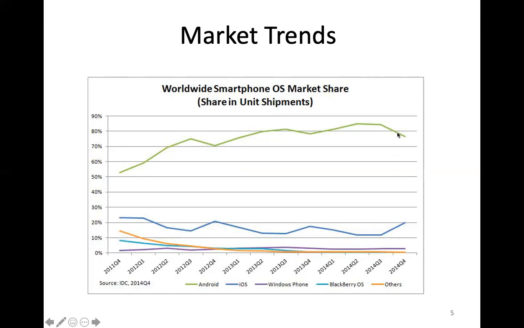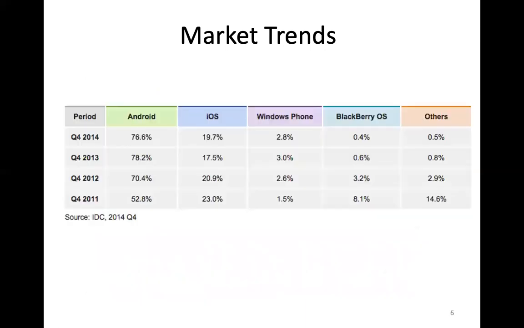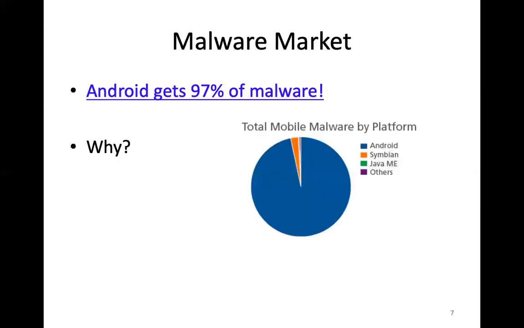But Android is the really big player in this space. So this motivates why we want to study Android and why there is a lot of work in the Android space. So we will look at Android for this lecture.